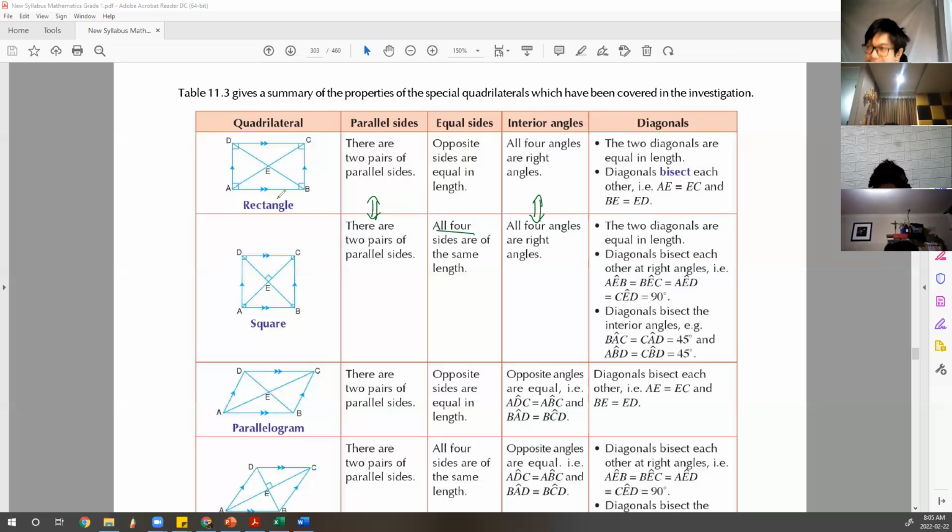Another special feature: the angle inside the diagonals of the square is 90 degrees. Not this, this is an acute angle, right? This is an obtuse angle, right?